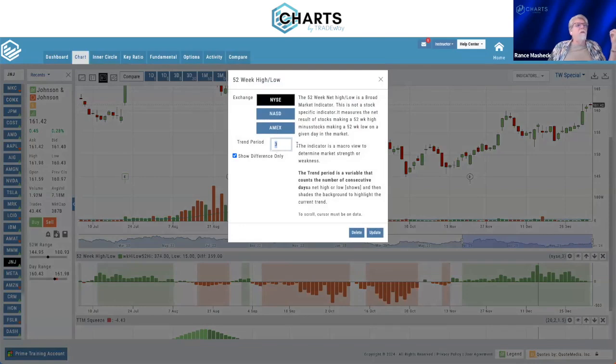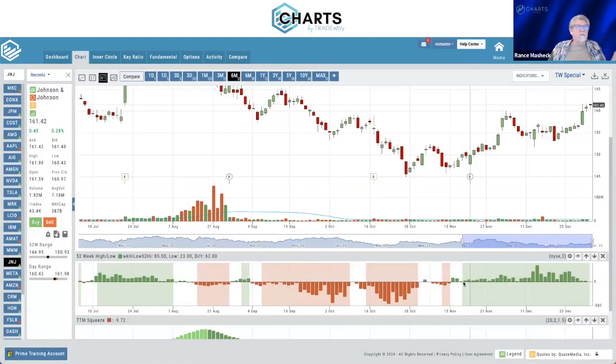And then what we have here is this trend period where it says, once it's showing more new highs than new lows for 3 days, it's starting to show that bullish trend. But I can also change that to 5 days or whatever I want. Now, this indicator is not specific to the upper chart.